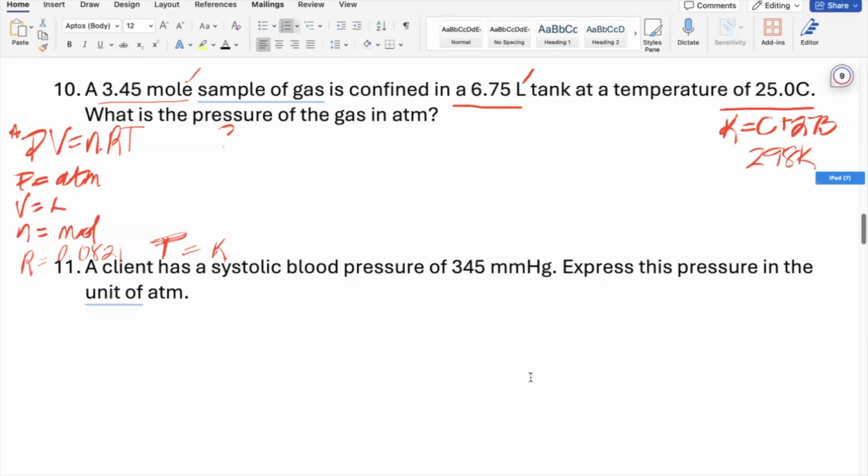All right. So now that I have all my variables in the correct unit, I'm going to list them off to the side. I'm going to erase this other stuff I have going on because it's just kind of messy.